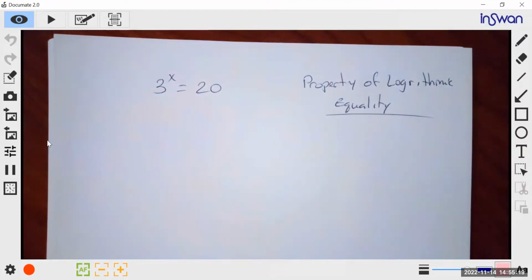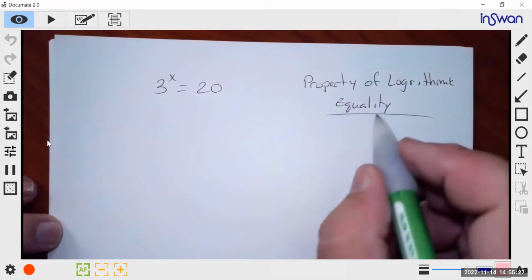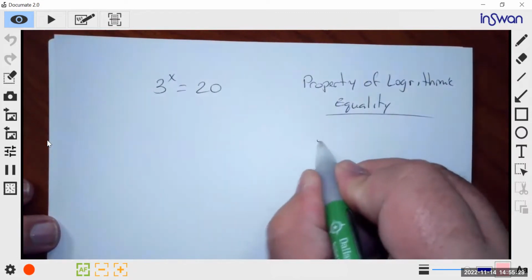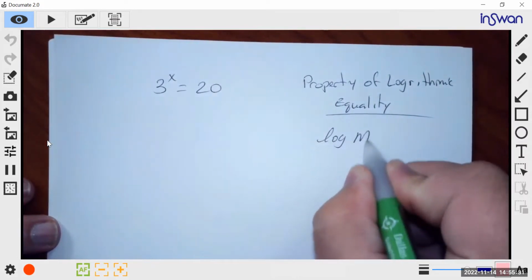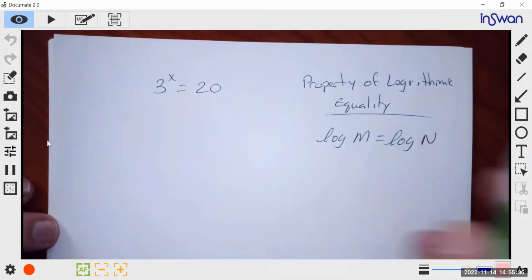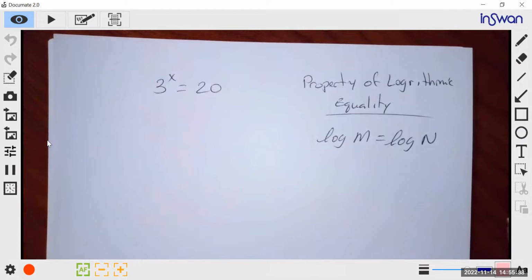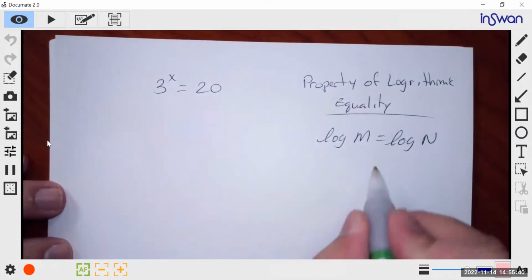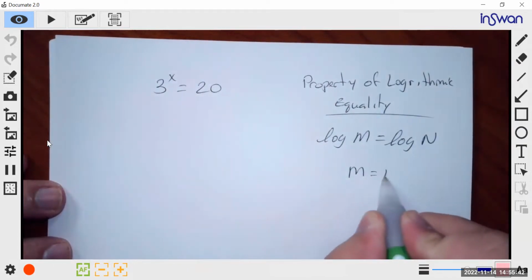We'll use what's called the property of logarithmic equality. The property of logarithmic equality says this: if I have two numbers, the same log, same bases, the only way they can be equal is if the arguments are the same.